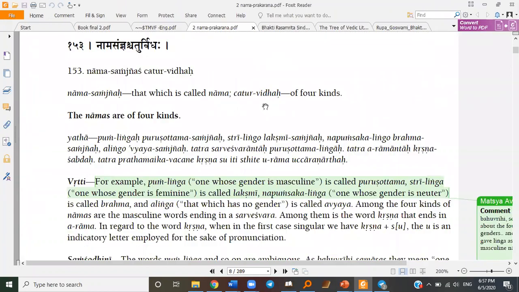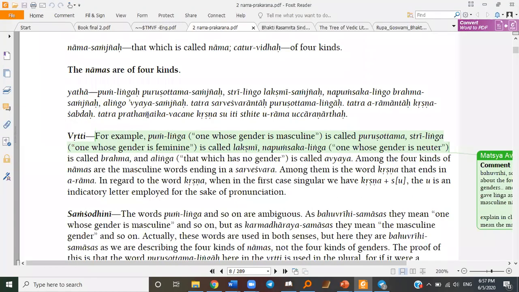Then, Nama sangesh chaturvidha: the nouns are of four kinds. This is simple. The four kinds are Pulling, Striling, Napunsakling, and Avyaya. The only difference in this grammar is that Jiva Goswami renames these lingas. For Pulling, he uses the word Purushottama. For Striling, he uses the term Lakshmi.